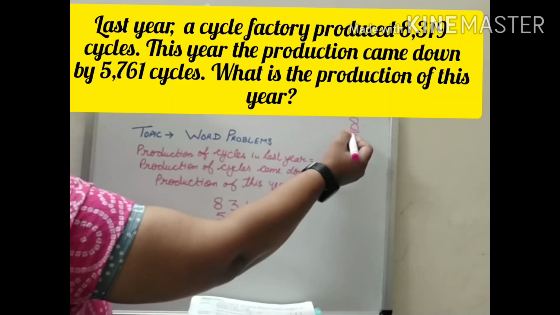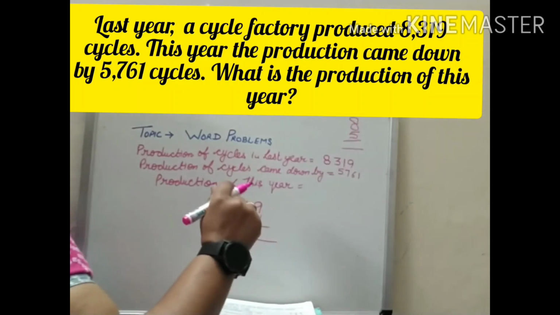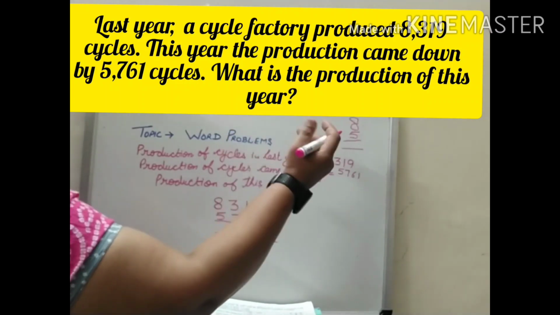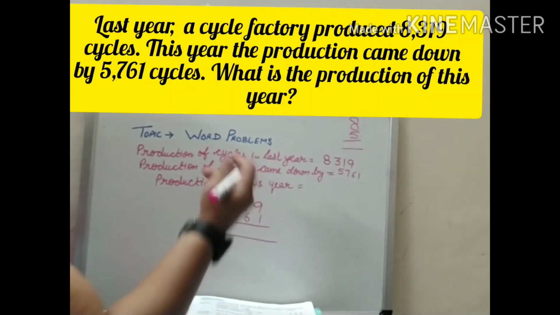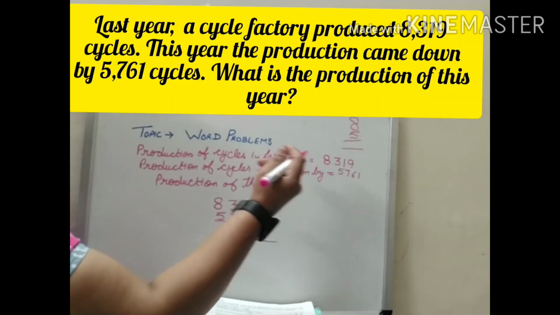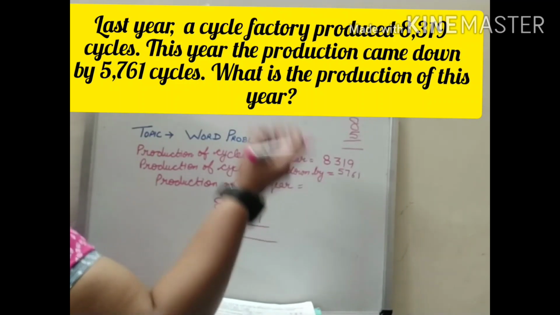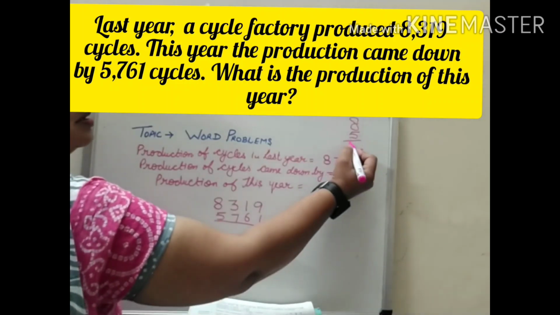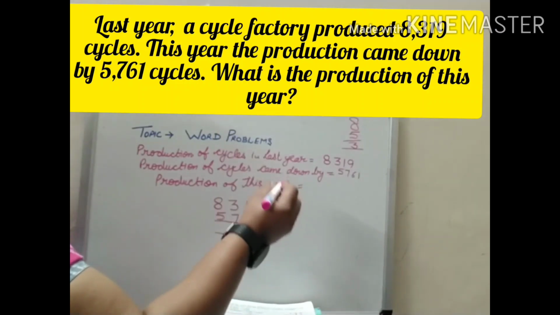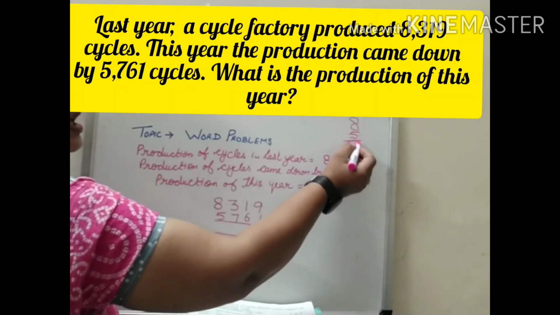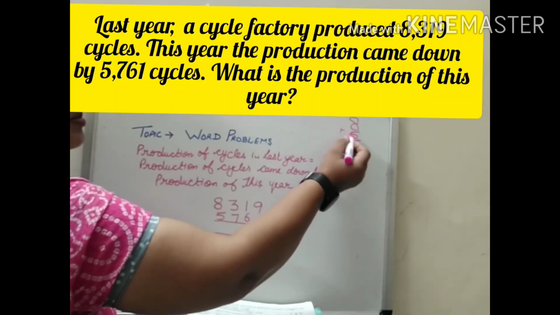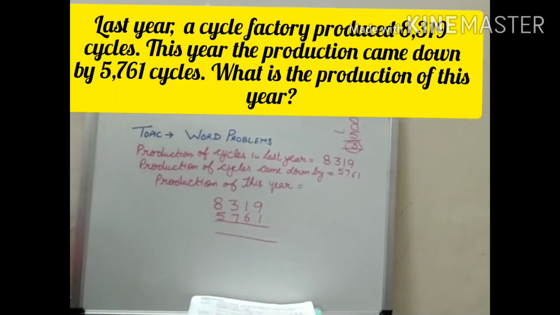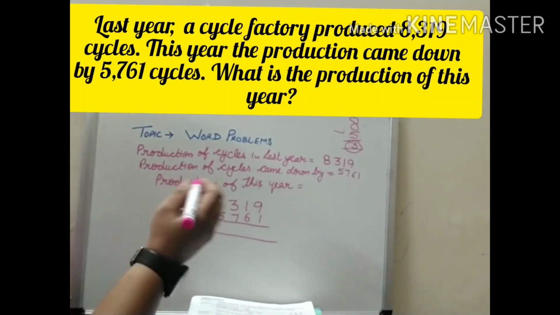Last year it was 8, now 5 have decreased, so how much is the production this year? What is the production of this year? Earlier it was 8, 5 have decreased, so how much is it now? 3. Now you will check how this 3 comes, whether you add these two numbers or you subtract these two numbers. From here you will come to know whether this is the question of plus or minus.